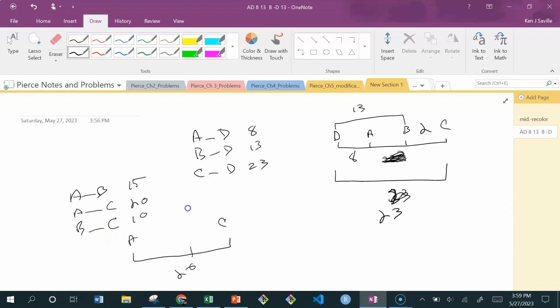B is closer to C, so it's 10, and this is 15. So the 10 and the 15 add up to 25. But this distance only adds up to 20, and that's okay. You just have to say this is the most logical map that we can make from these particular numbers. And there's reasons for that. I'll get into that a little bit later. All right, so let's see.